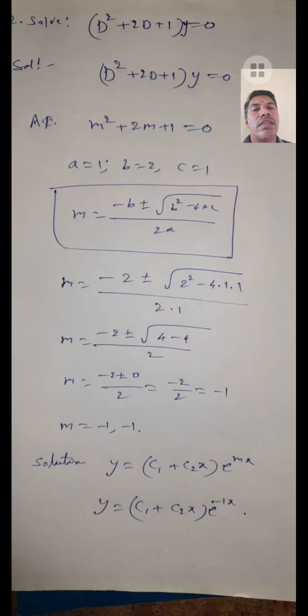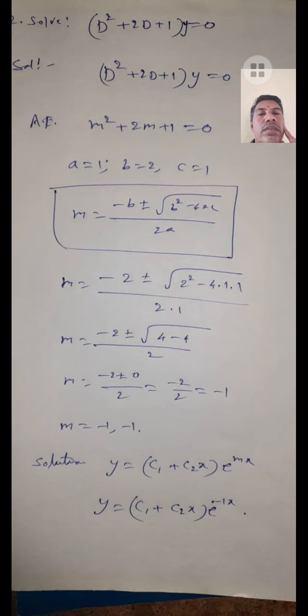To bring the m roots, if we don't know the factorization, then we can do it by using this formula, that is, m equals minus b plus or minus under root b square minus 4ac, by 2a.